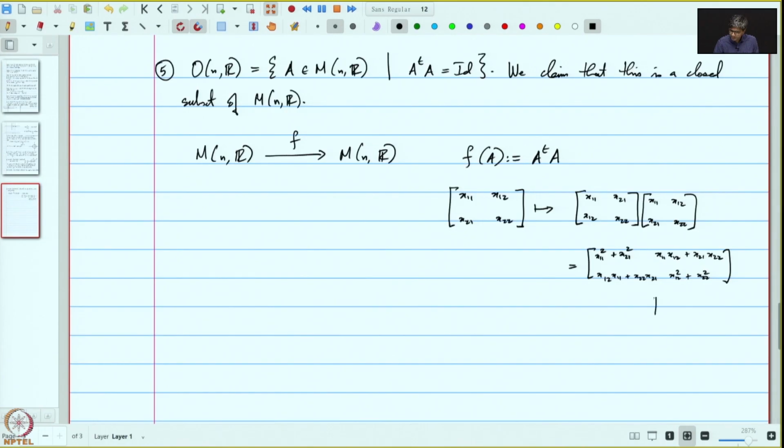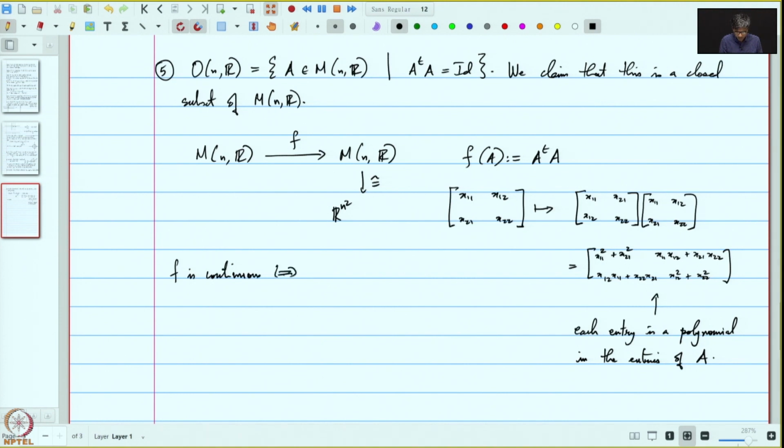Right. So notice that on the right hand side, each entry is a polynomial in the entries of A. Right. And MNR here has the product topology, which is the same as the standard topology if we view MNR as R^(n square). So F is continuous if and only if each Fij is continuous.